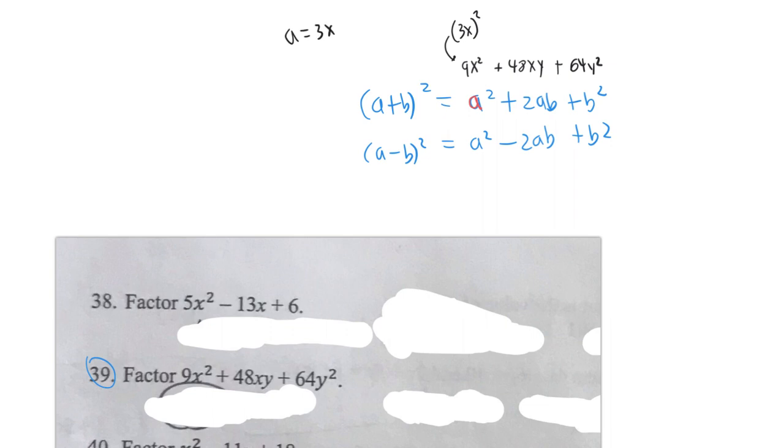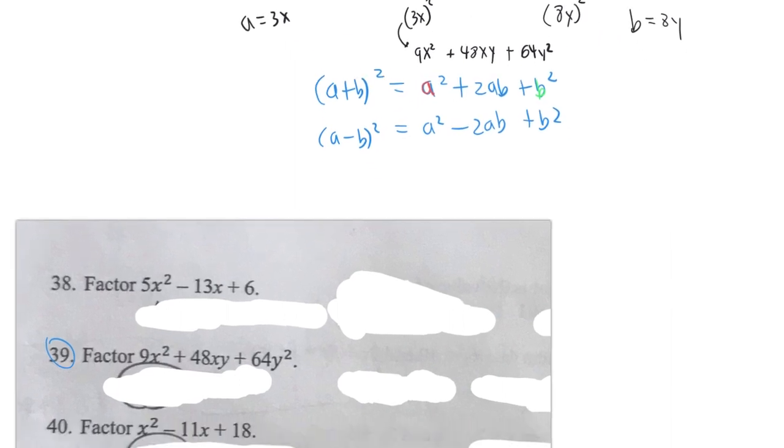The so-called b is the number that's being squared to give you this term. So the b in this case would be 8y, because 8y squared gives us 64y squared. I'm going to write that off to the side: our b is 8y.